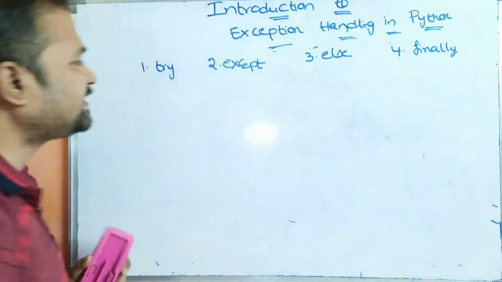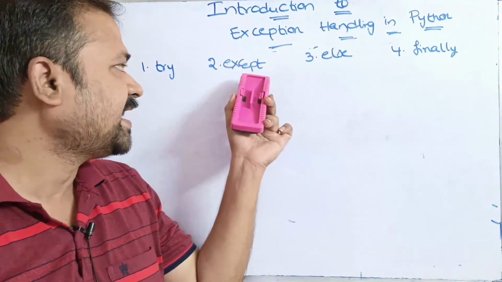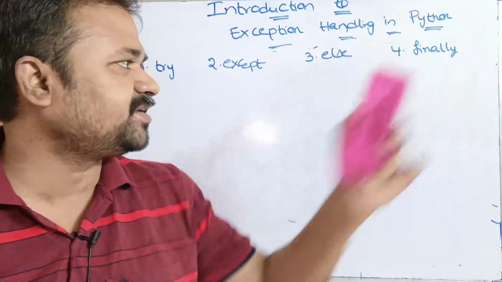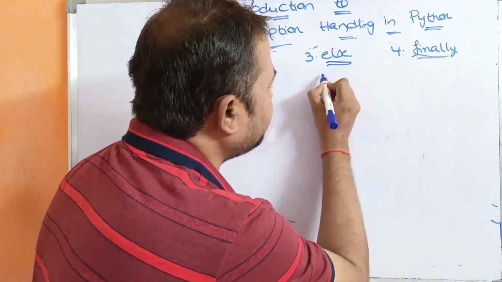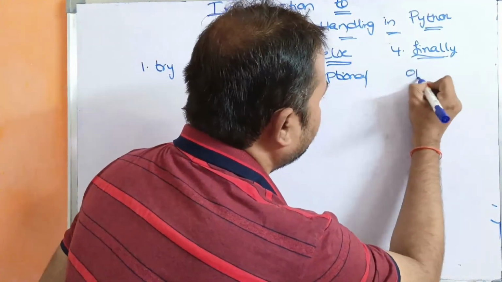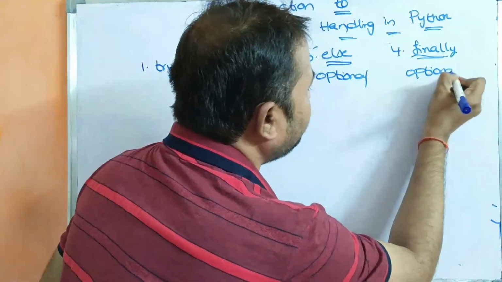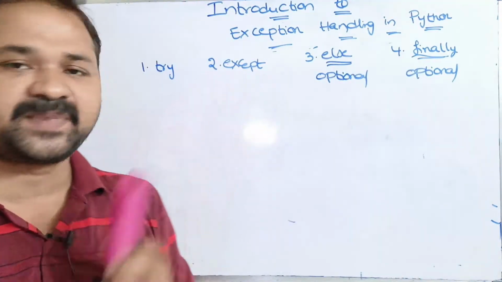So we can handle exceptions by using these four keywords: try, except, else, and finally. Here else and finally are optional. It is our choice; according to our requirement, we can use them or not. Whereas try and except are compulsory.